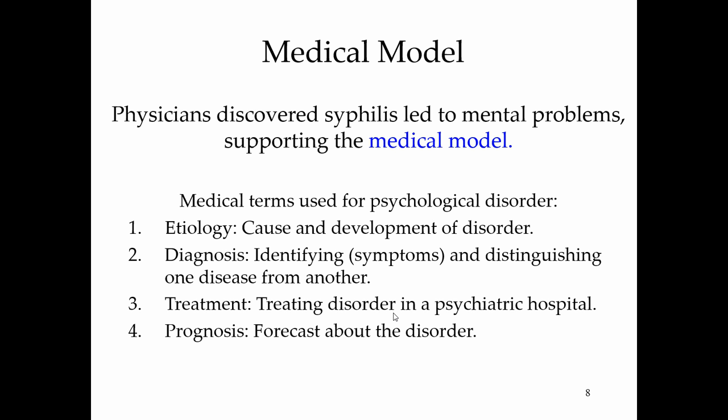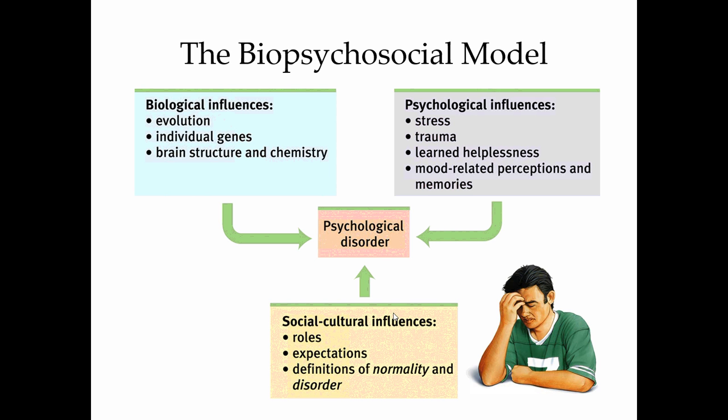Or the idea of treatment for a mental disorder also is sort of medical language. Think of the idea of treating a disorder in a psychiatric hospital, for example. Or the term prognosis. That is a medical term for a forecast about whether the disorder is going to get better or worse and so forth. So we've borrowed a lot of medical terms to describe psychological disorders.